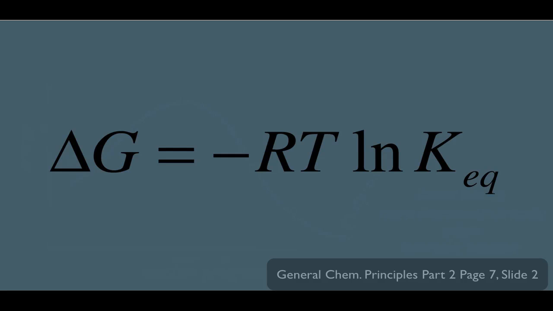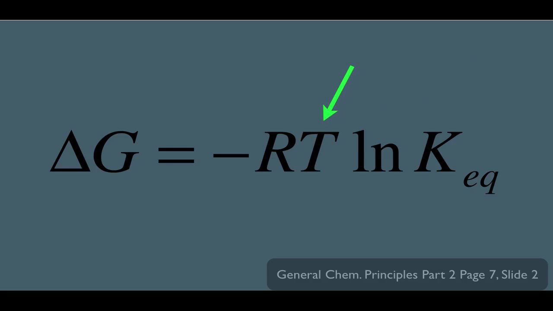And let me show you how they're linked together. Let's say, for instance, you have a KEQ that's greater than 1. Remember, we learned that that's a favorable reaction. Well, if you looked at the graph of natural log of KEQ, you would see that the natural log of anything greater than 1 is a positive value. So that means natural log of KEQ would be positive here.